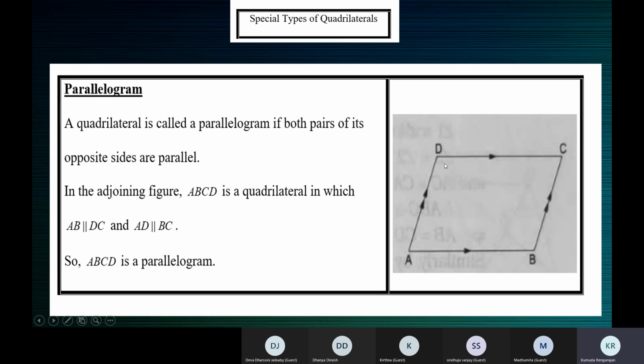Adjacent angles are not equal, they are supplementary. So if A is 50 degrees, D has to be 180 minus 50, 130 degrees. So if D is 130, how much is angle B? 130 degrees, ma'am, because opposite angles are equal.